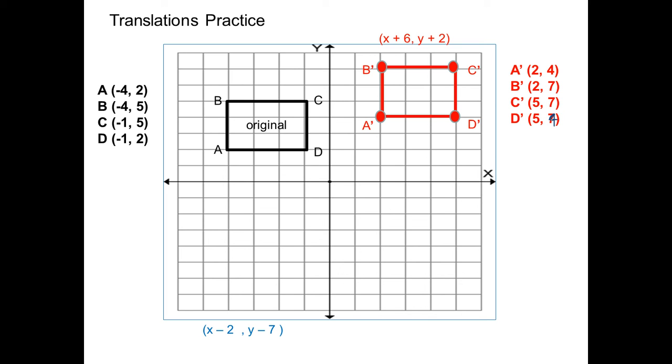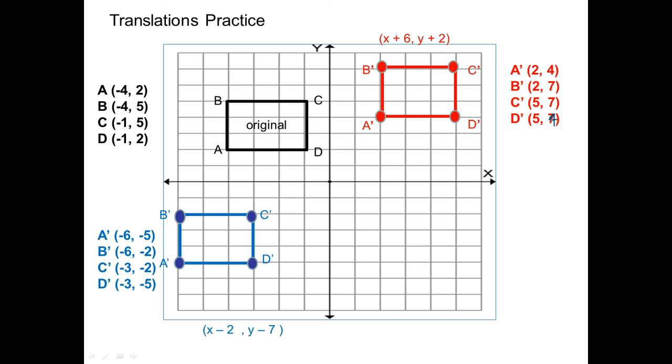Okay, so we have another translation. Again, I would take a moment, pause the video, and see how you do translating the original figure, A, B, C, D, to the new point, x minus 2, y minus 7. Hopefully you paused and came back on. You've either slid each of your vertices back 2 and down 7 and drawn your new rectangle. Let's check our coordinates.